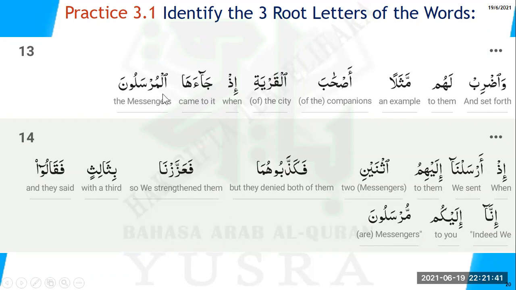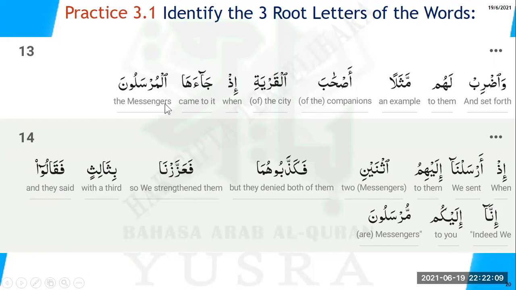Okay, active and passive is the meaning of the, like this one. Mursalun, because the sin is a fatha, it's a passive noun. So if you translate this, because it's plural, the ones being sent is passive. That's why the translation is the messengers.